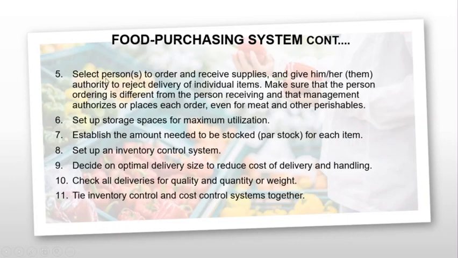Kalau kata you buka restoran yang besar, you mesti ada someone atau pekerja atau staff yang kena terima barang. Kalau kata you tak ada staff, mungkin you sendiri ataupun chef you untuk belajar untuk menerima barang-barang.